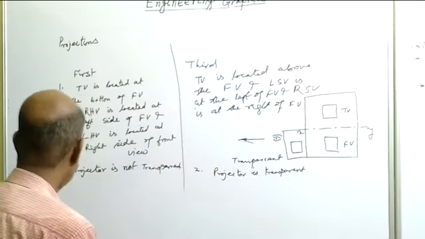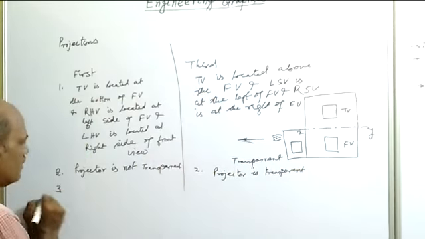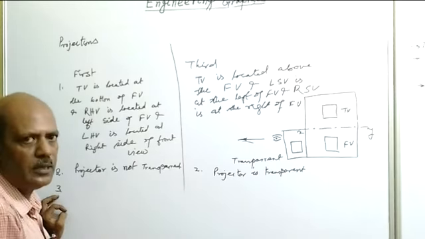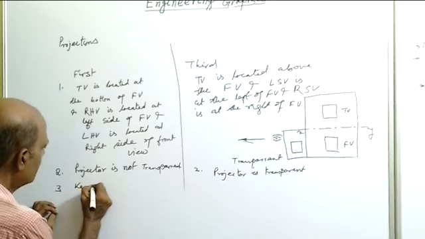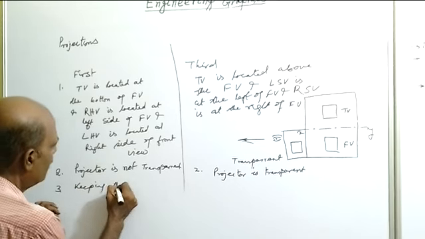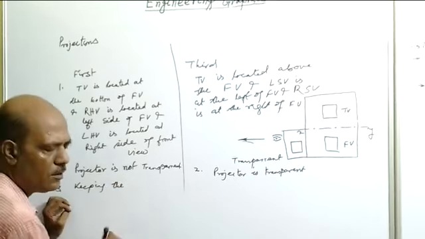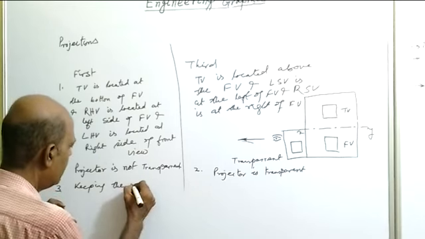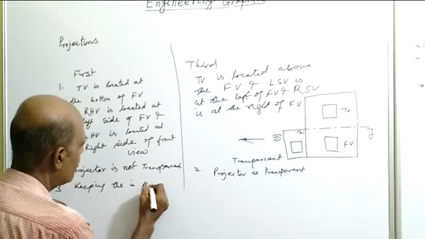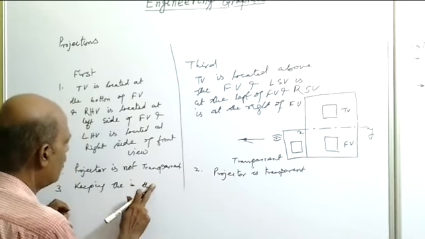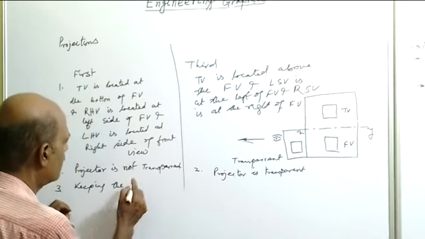Okay, next, the third difference: the projection of the object is made by keeping the object located in the first quadrant.